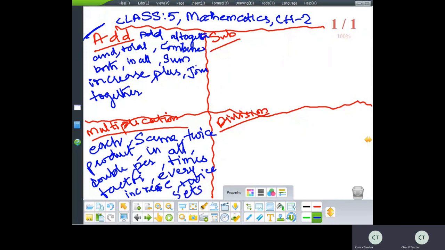You can observe here that increase is in both multiplication and addition. See here, increase, twice. So here also you'll get twice. Then in all. So these are all the keywords in multiplication and addition, which will be maximum similar.